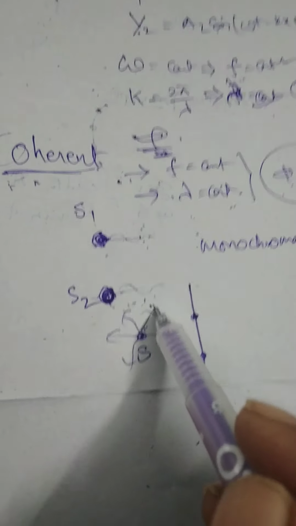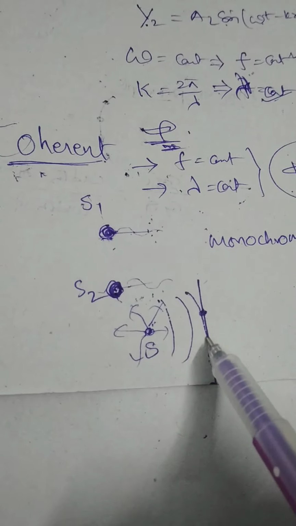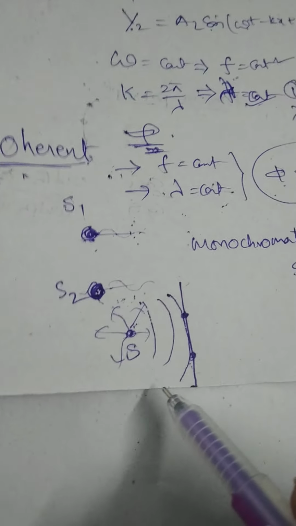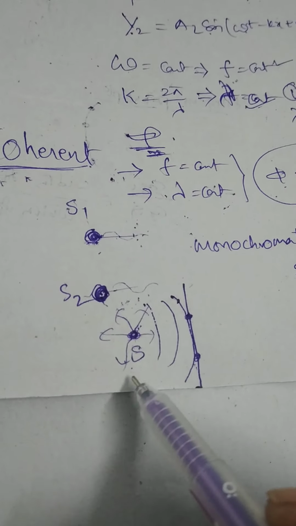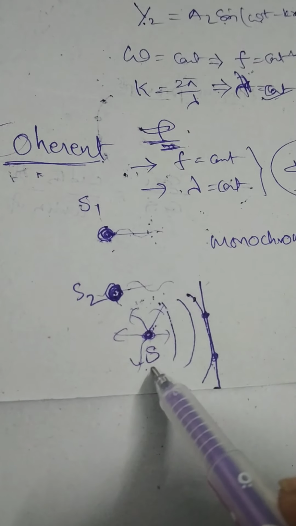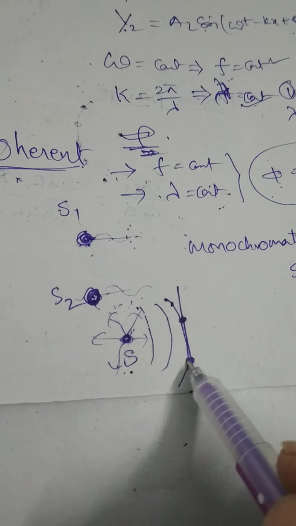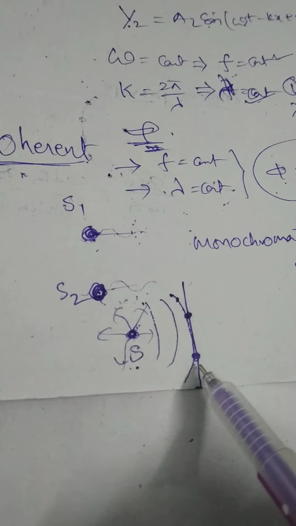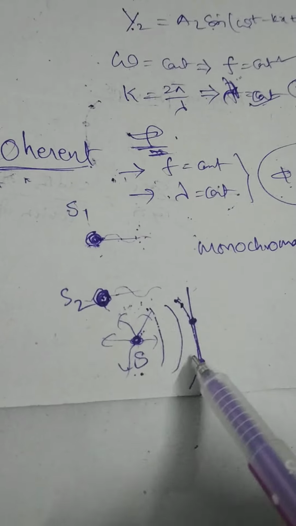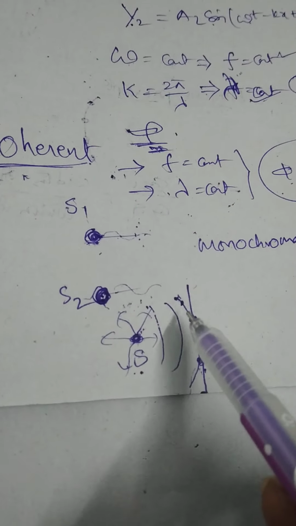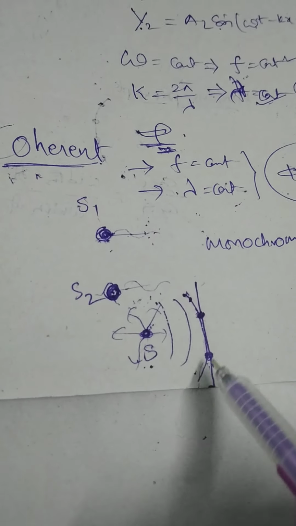Therefore, the wavefronts coming from S move like this. This is a wavefront produced from the monochromatic light. According to Huygens theory, each and every point on the wavefront acts as a source of secondary wavelets. You know, a wavefront is a locus joining all the points at the same phase. That means the phase difference between any two points is equal to 0.